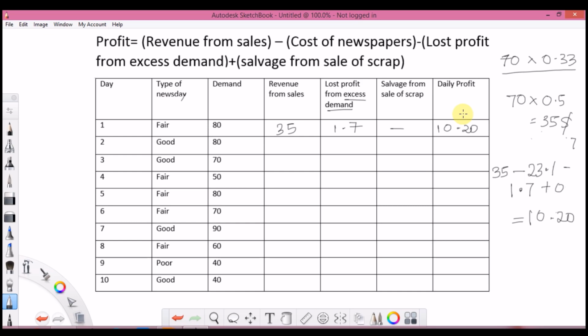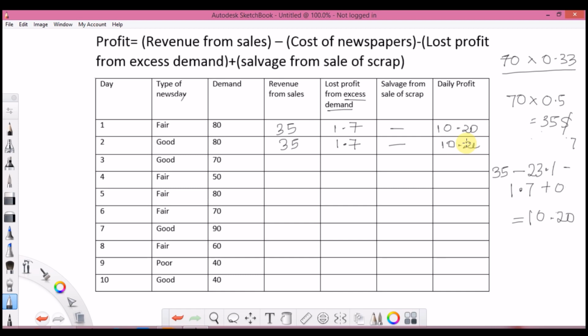Again, demand was 80. Revenue from sales would again be 35 because I can only give 70 newspapers. Lost profit would again be 10 times 0.17, which is 1.7, because I had 70 but the demand was 80. Salvage from scrap, I had no scrap, so nothing. Applying the same formula, I get 10.20.